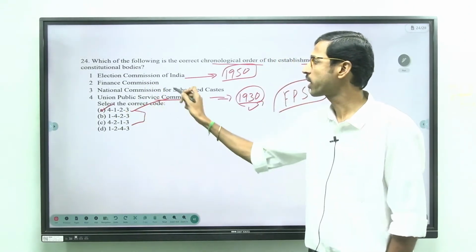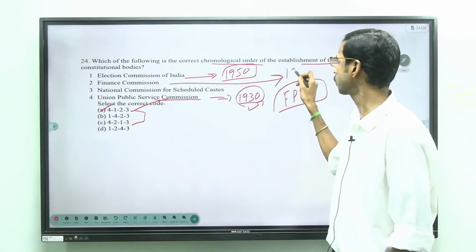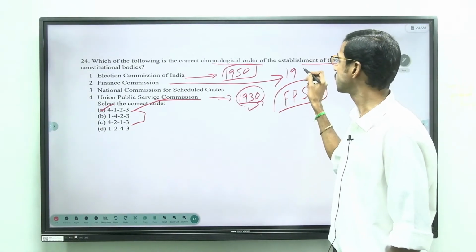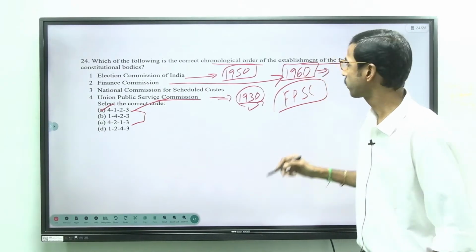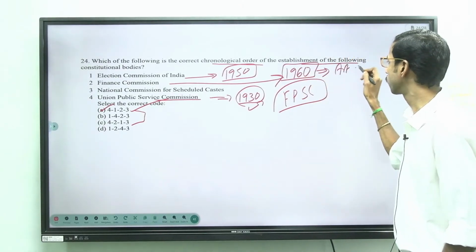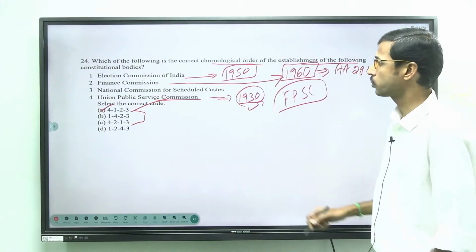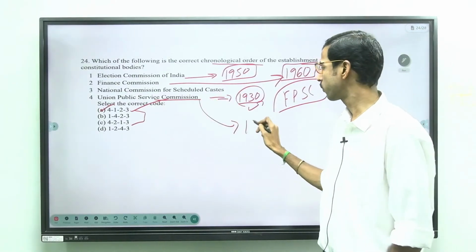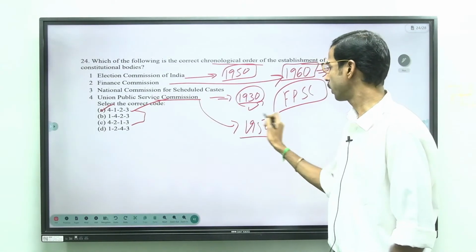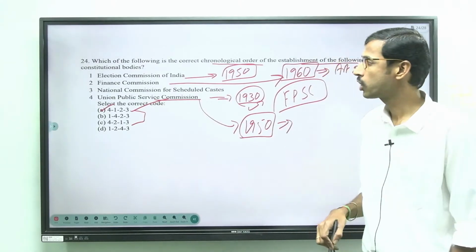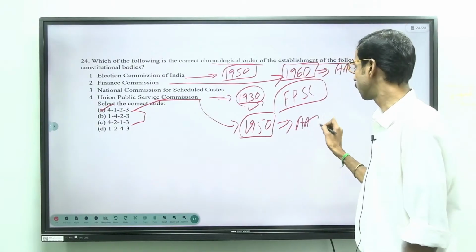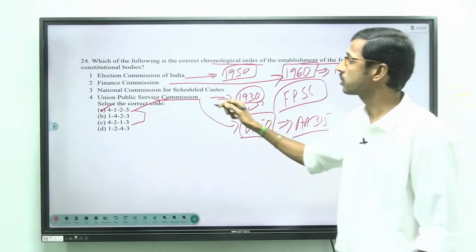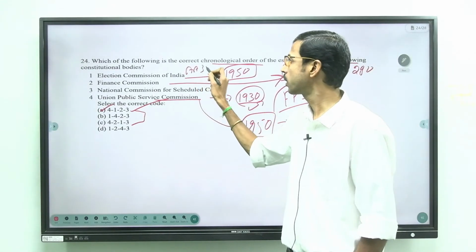Next, if you see the Finance Commission, in 1960, from the article, we have Article 280. The Union Public Service Commission, after 1950, became the Union Public Service Commission, changed the name, right? So Article 315. And the Election Commission, Article 324.